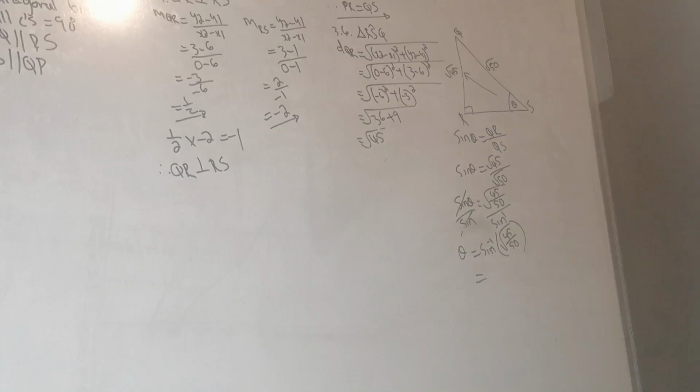You will find a value of 71.57 degrees as the size of angle S. The size of angle S is that, and that will bring us to the end of our lesson for question 3.